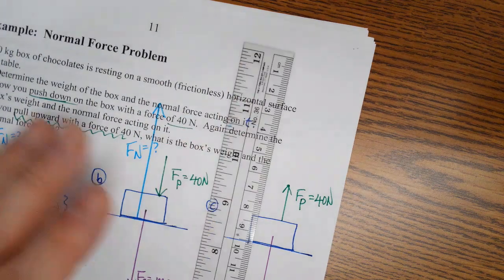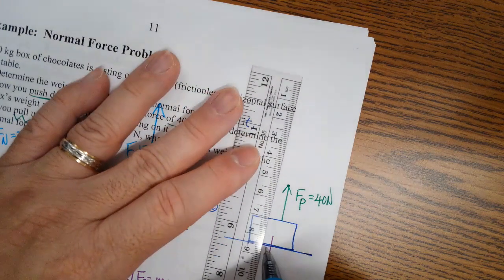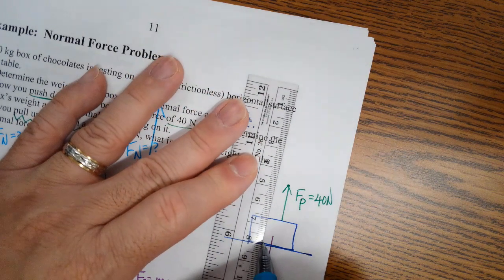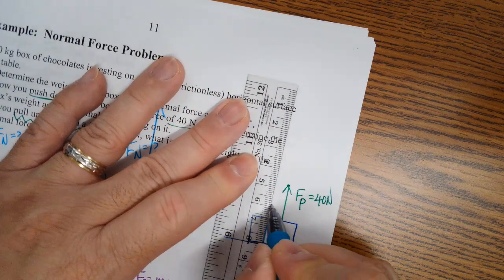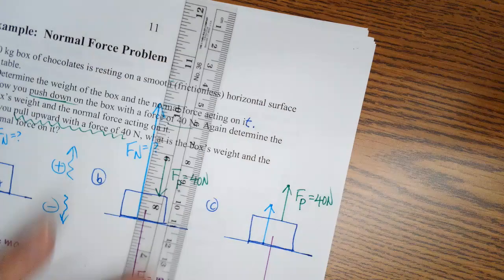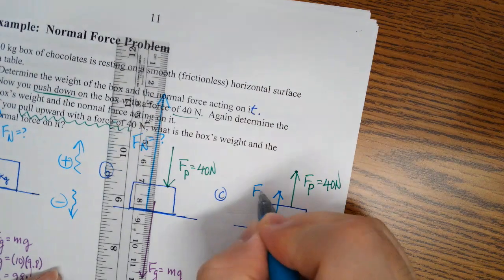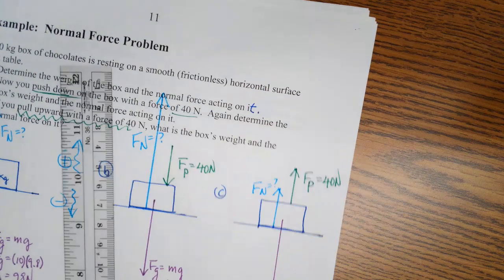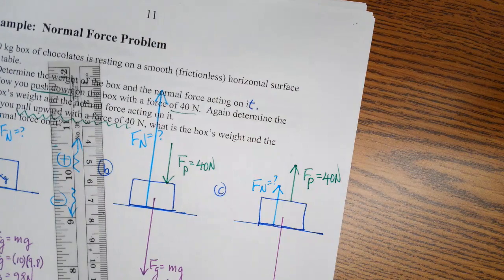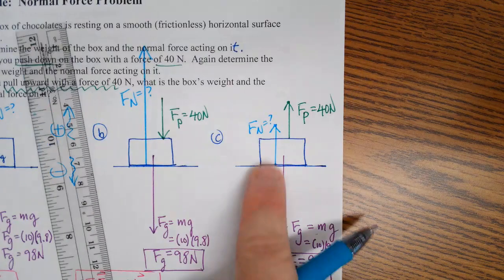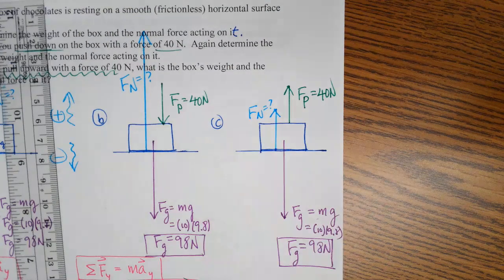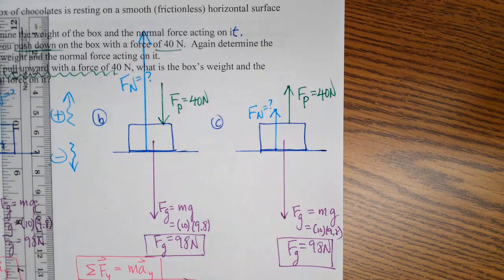So now my F normal probably doesn't have to support as much, because it doesn't need to. Okay, so that's my prediction. So let's figure out what the value is.